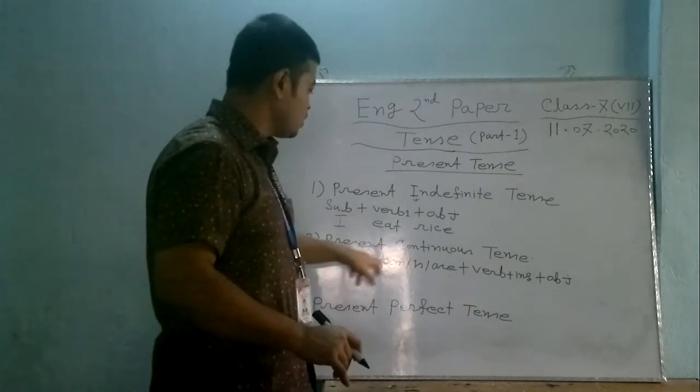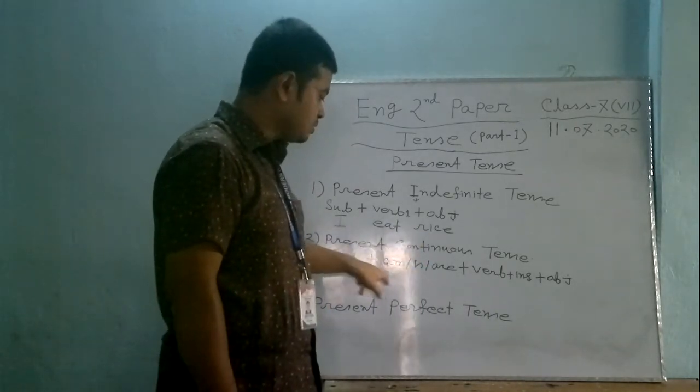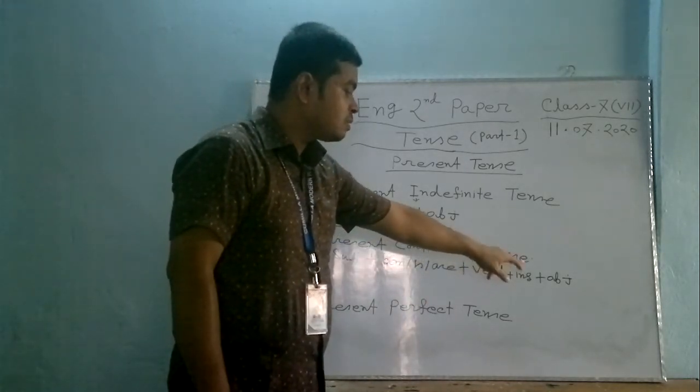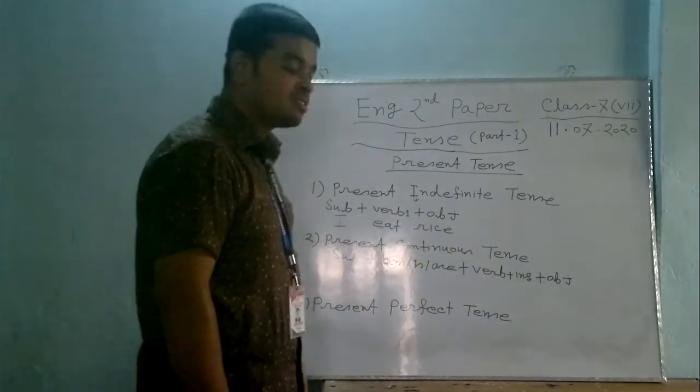This is the structure for present continuous tense. First we write subject plus the auxiliary verb am, is, are, then verb plus ing, then object.